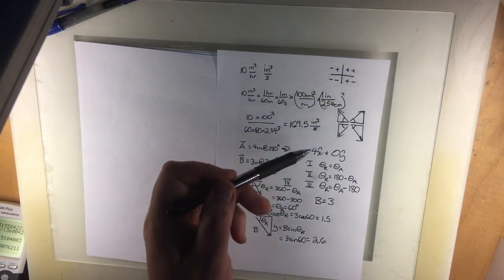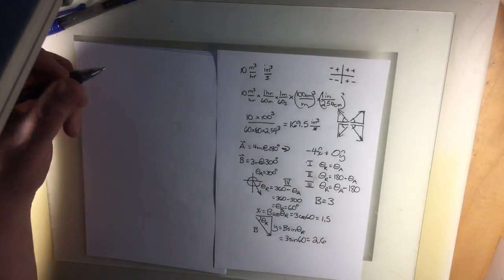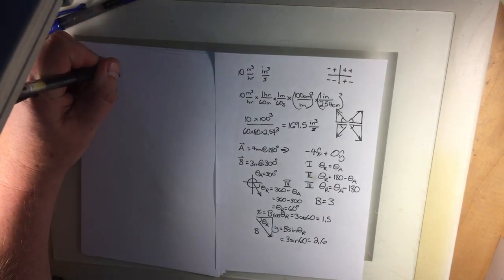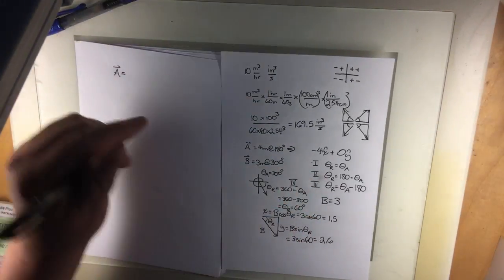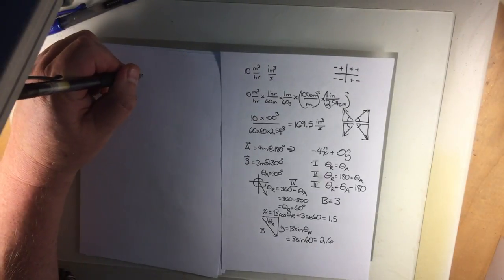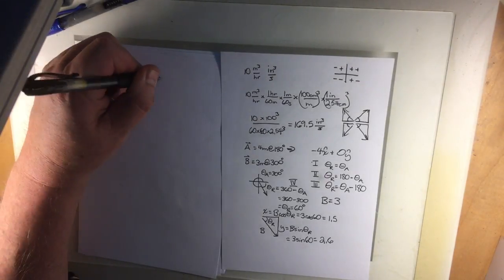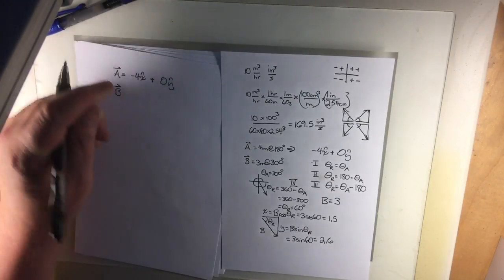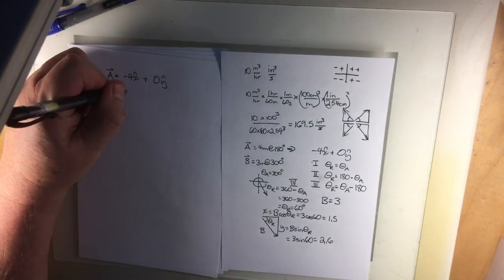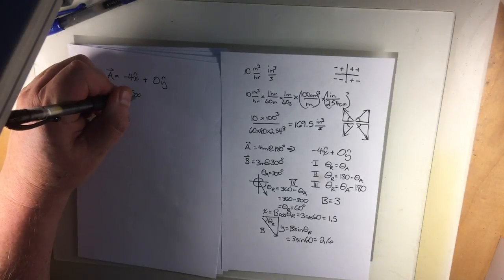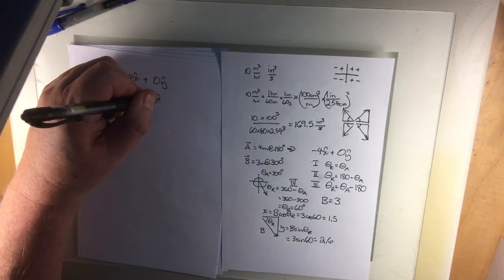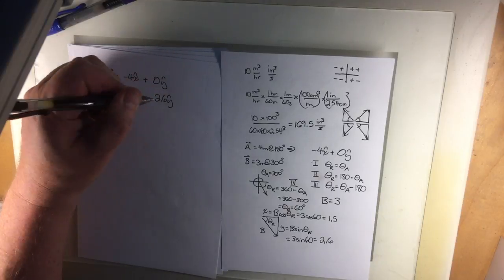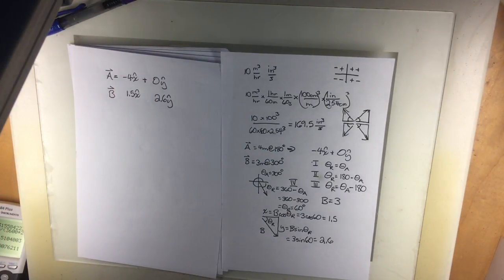So now we have the vector A: negative 4 x hat plus 0 y hat. B, the magnitudes are 1.5 x hat and 2.6 y hat. It's a fourth quadrant vector.